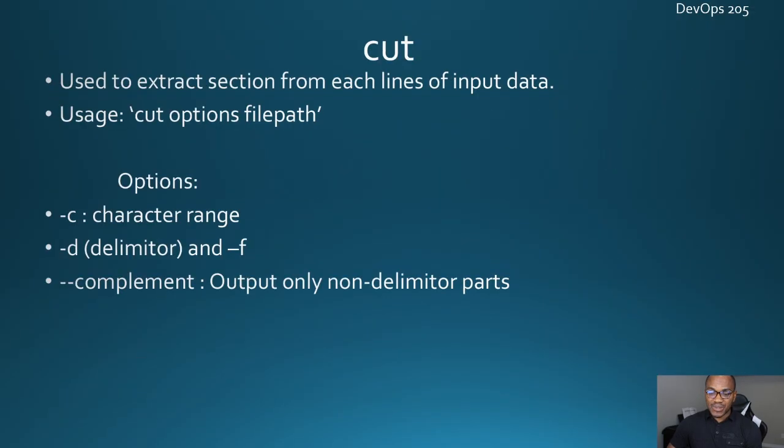So the next command now is the cut command, which is used to extract sections from each line of input data. You can use it by using cut, options, file path, and the option available is -c for character range. Let's see how that is used.